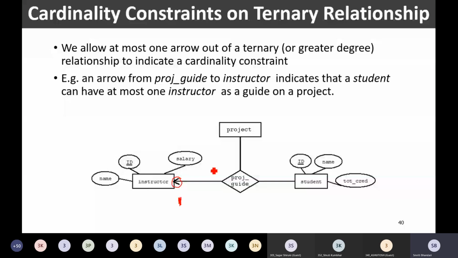So in this scenario, if I am having an arrow towards instructor, then I am going to interpret this as: a student can have at most one instructor as a guide for his or her project. Am I clear? Yes?